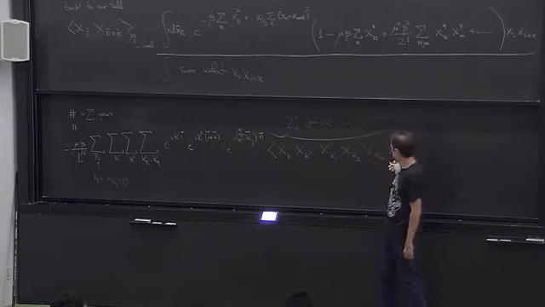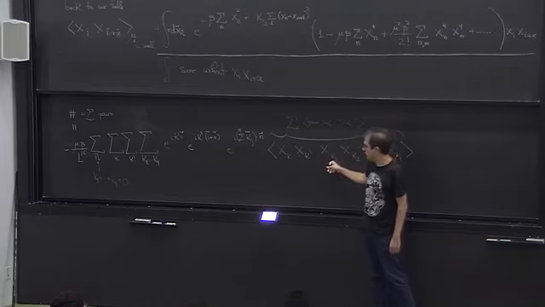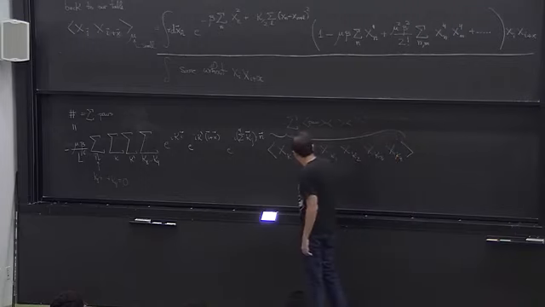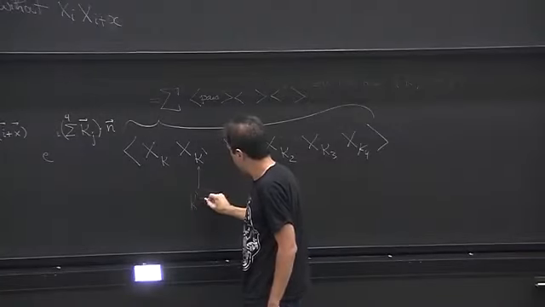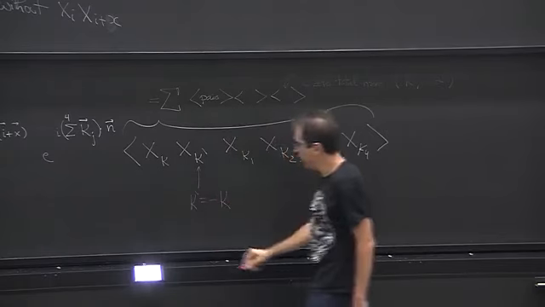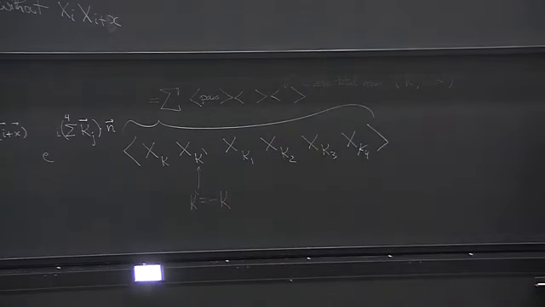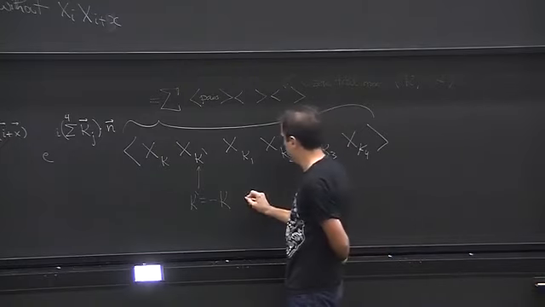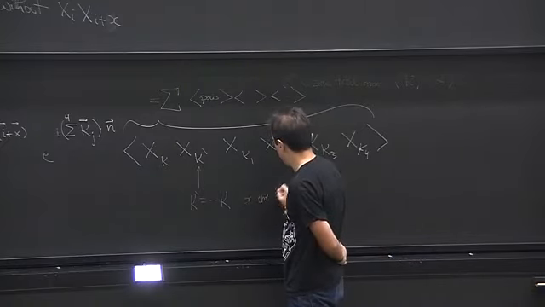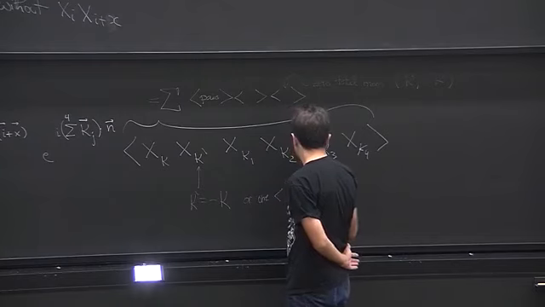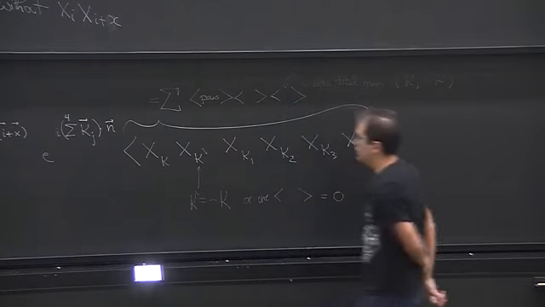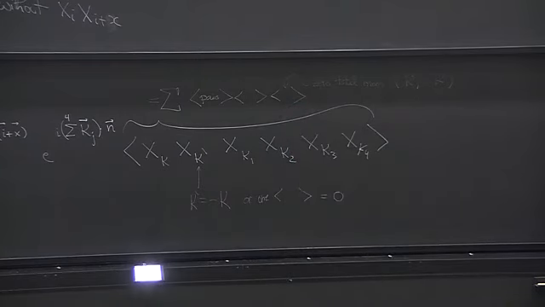And because k1 up to k4 already add up to 0, we know that this k prime must be equal to minus k, or otherwise one of the weak contractions will be 0. Because the k's already add up to 0, so total momentum must be 0. And therefore, we know that k prime is actually equal to minus k.